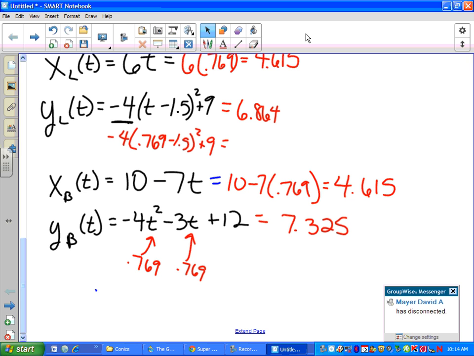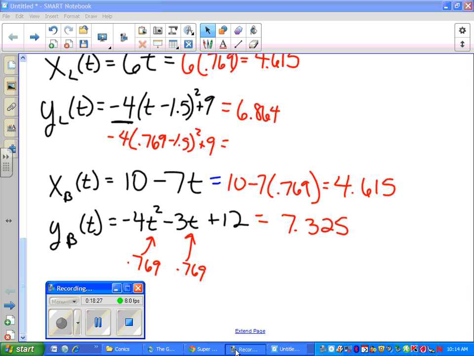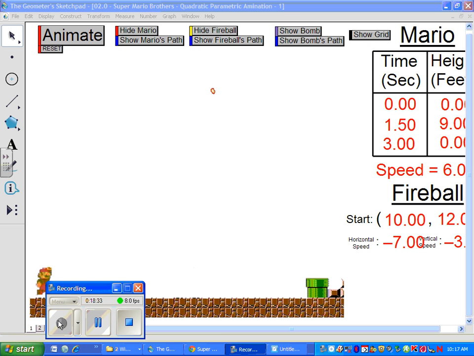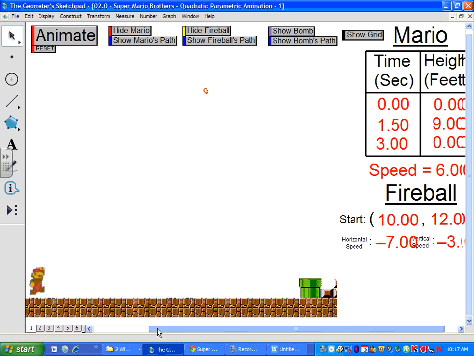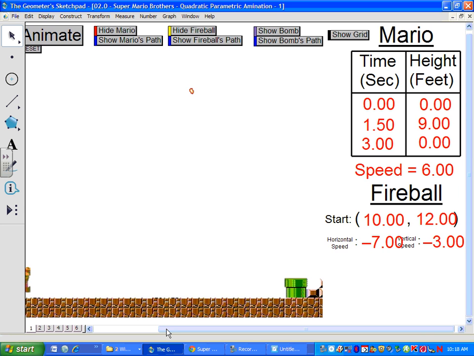So let's look at that. I have a neat little thing. You can put the parametrics in your calculator and actually watch, but I have one that's a little bit more exciting. Okay, so here's a Sketchpad animation of our scenario. And we have a time.